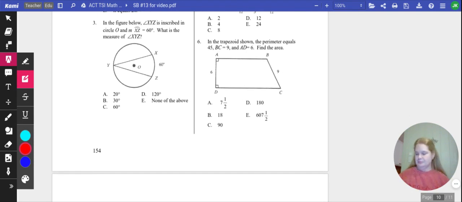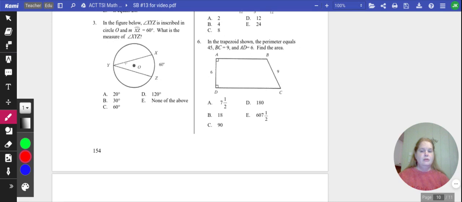All right, number 3. In the figure below, XYZ is inscribed. So remember, he's inscribed. His little vertex is sitting over here. His little legs are over there. And arc XZ is 60 degrees. What's the measure of angle XYZ? So we're going backwards.